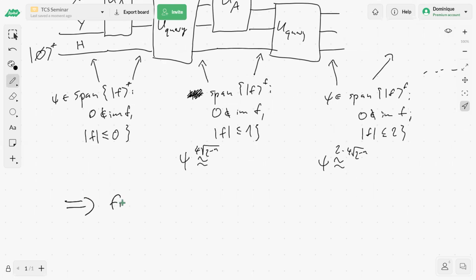And this implies that the final state, when the adversary has run its attack, is 4q times square root of 2 to the minus n far from a zero-free state. So from a state that satisfies this condition. I mean, I'm doing a few things a bit sloppily here, so it actually ends up being a q plus 1 here, but I don't want to go into this in detail.